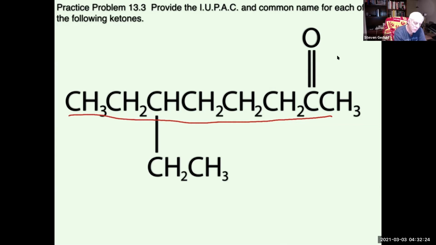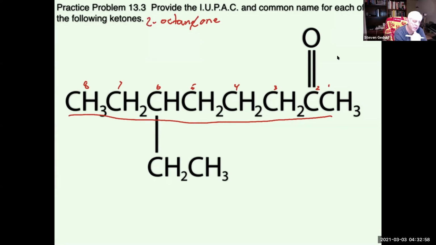We're going to have a 1, 2, 3, 4, 5, 6, 7, 8 carbons. Okay, so 8 carbons is octane. Don't make mistakes with this one. Octane, and it's a ketone. Why is it a ketone? Because the carbonyl group is between 2 carbons. So drop the E, add O-N-E, and tell me where the carbonyl group is. And like you said, it's in the number 2 position.